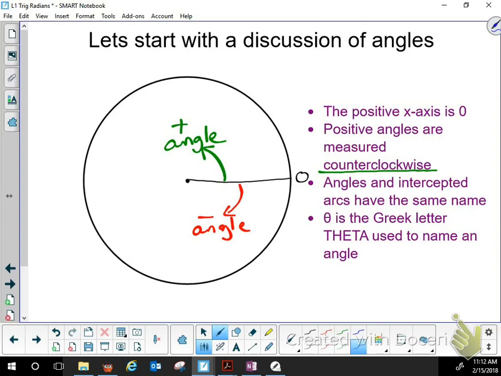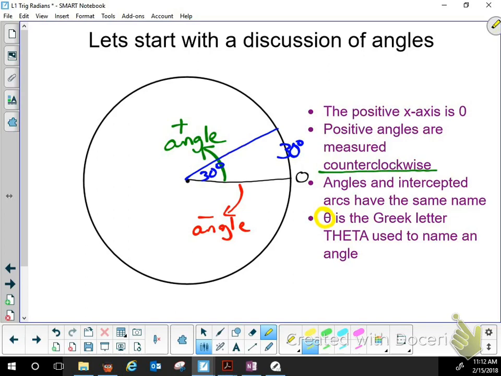You should remember from geometry that angles and intercepted arcs have the same name. So if I made an angle here and I said it was 30 degrees, that's also a 30-degree arc. The measure at the middle is the same as the arc on the outside. And lastly, we have this thing here.